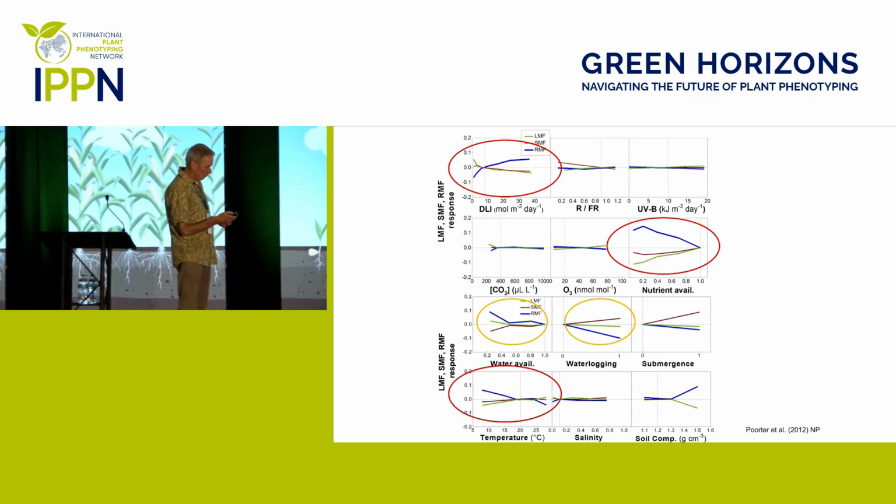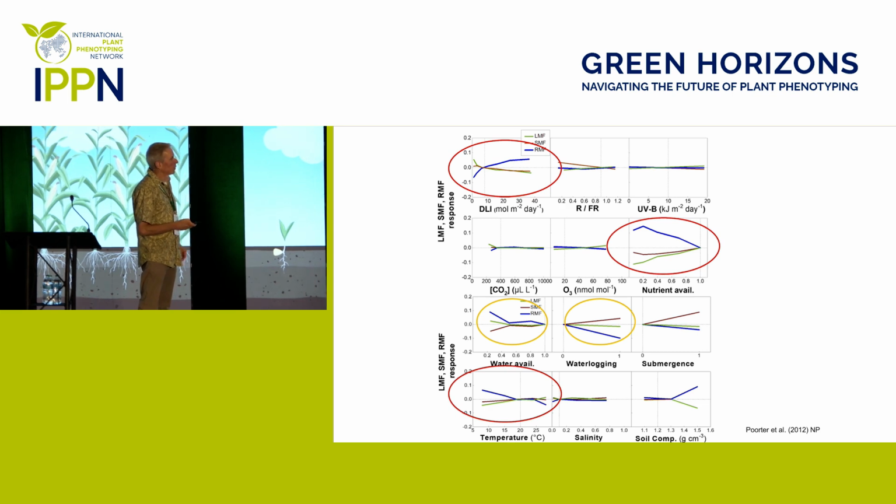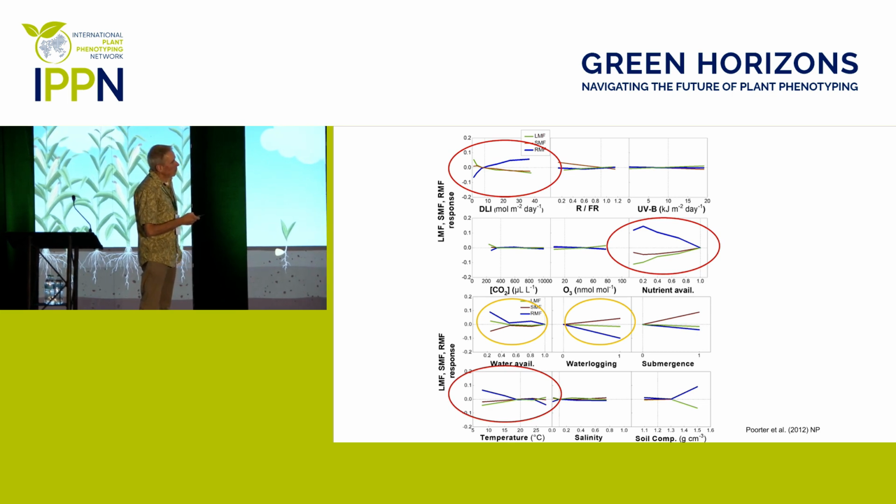Now, what do we see? If you look at these three encircled graphs, these are basically the three environmental factors where the root mass fraction is changing the most. For light, it is changing quite a lot. For nutrients, it's changing even more. That's the most dramatic response. And for temperature, it is also changing.